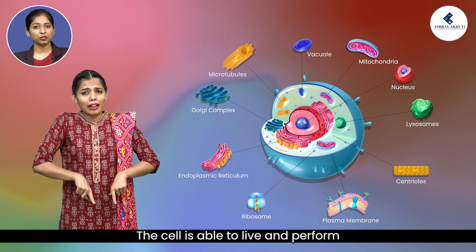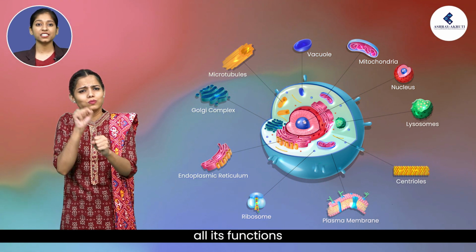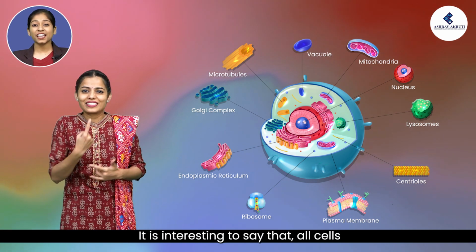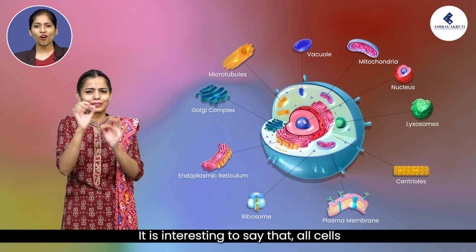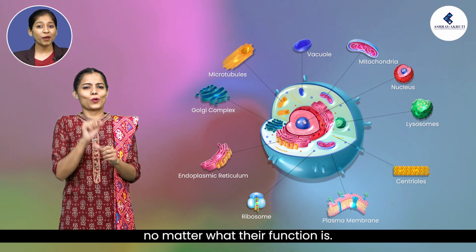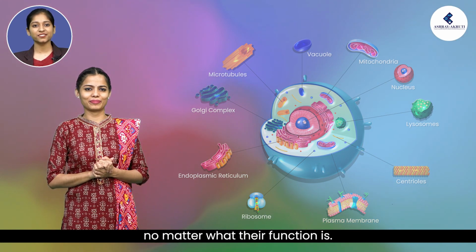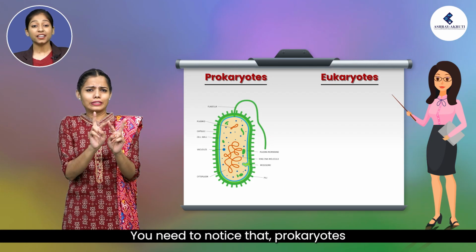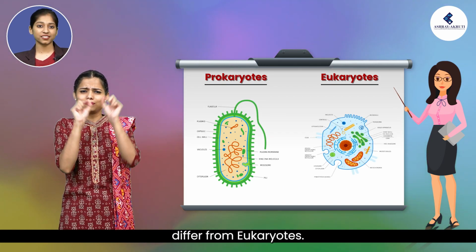The cell is able to live and perform all its functions because of these organelles. It is interesting to note that all cells are found to have the same organelles, no matter what their function is. You need to notice that prokaryotes differ from eukaryotes.